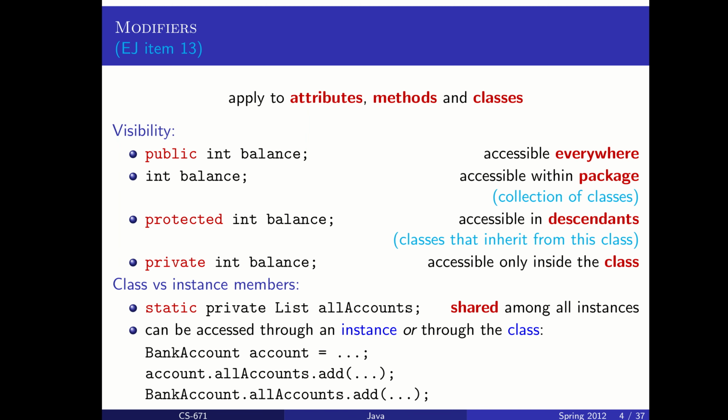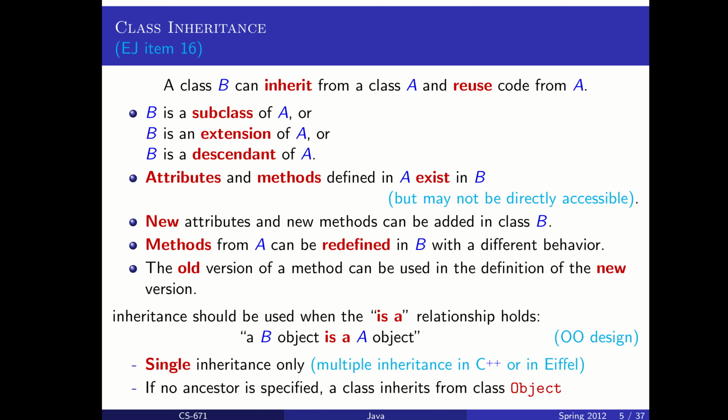So here we can say account.allAccounts, or we can say bankaccount.allAccounts. Both of those are legal. The visibility of it may differ, it may be public or private, so where we can use those may differ. But for a static variable, there's only one version of it for all instances of that class, and it can be accessed both through instances and through the class itself.